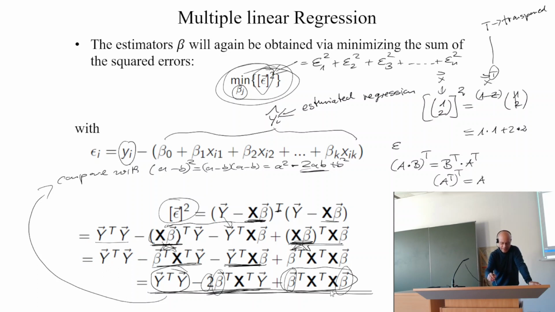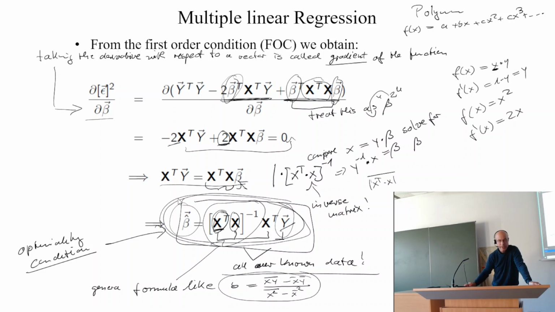There we have to manipulate the writing of the sum of squared errors, and then do the multidimensional derivative. We did it already in the linear regression part.